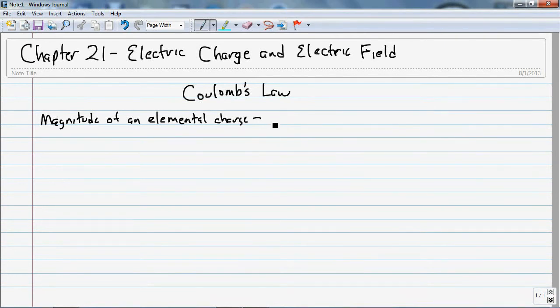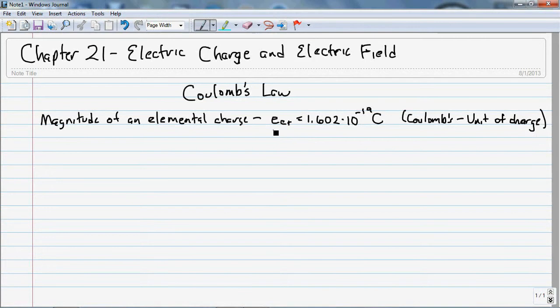And that value, we'll call it e sub c plus, this is the elemental charge for a positive charge, is 1.602 times 10 to the minus 19th coulombs. That is the unit of charge. Please don't forget that.